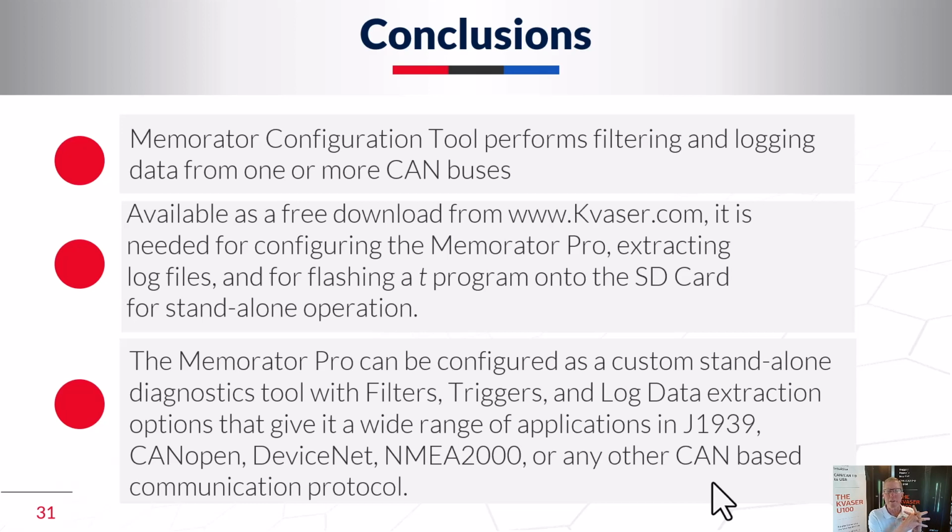It's needed for configuring the Memorator Pro, extracting log files, and for flashing a T program and executing that from an SD card on a standalone basis. Memorator Pro can be configured as a custom standalone diagnostic tool with filters, triggers, and log data extraction options. It gives you a wide range of applications and lots of different high-level protocols. J1939, CANopen.